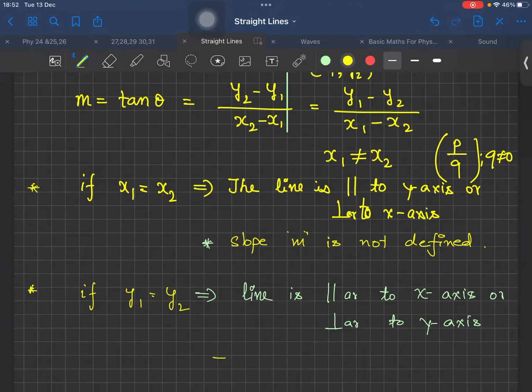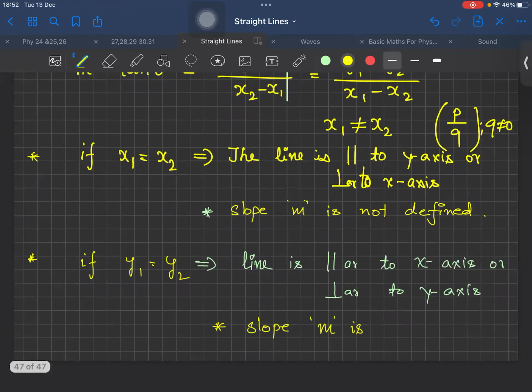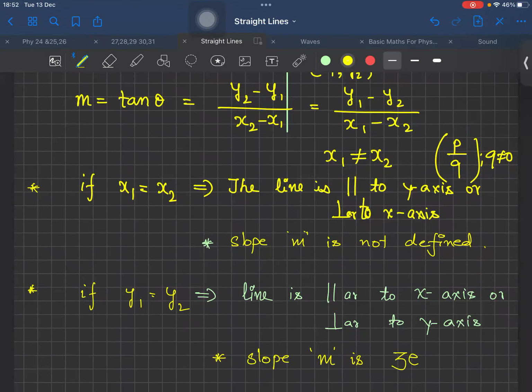In this case, slope will be equal to how much? Anyone? Slope is 0. So slope will be 0 if the line is parallel to the x-axis.